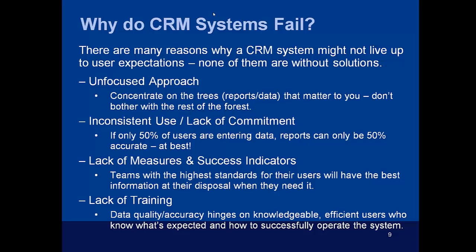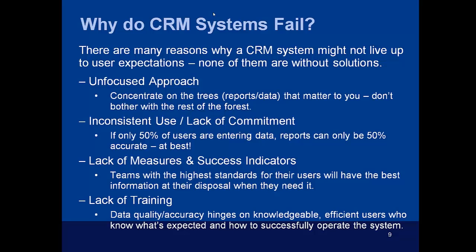The other thing about inconsistent usage is the idea of teamwork, right? Imagine a team where there are 10 people on that team and only 5 people are using the system. Any reports that you're looking at really are going to be at best about 50% accurate.